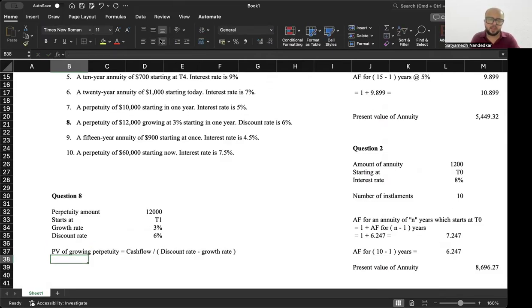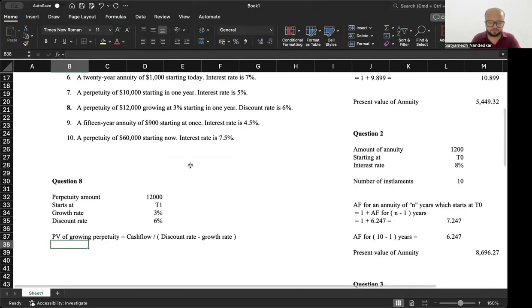growth rate. Okay, now the question is, when I say cash flow, which cash flow am I talking about? This 12,000 is the cash flow at T1. The perpetuity will start at T1, but it will keep on growing at 3%. So what should we take in the numerator? Should we take 12,000, or 12,000 plus 3%? That is the question.